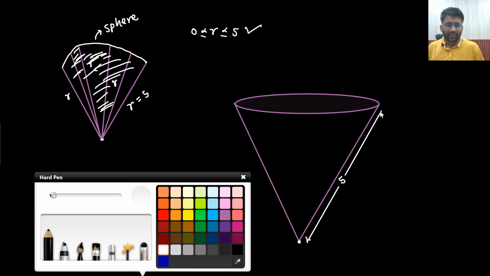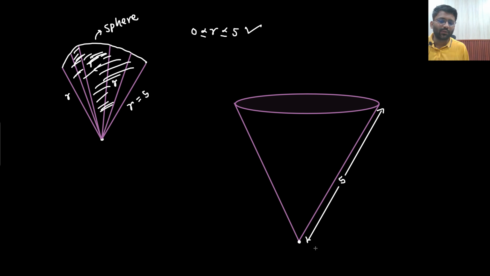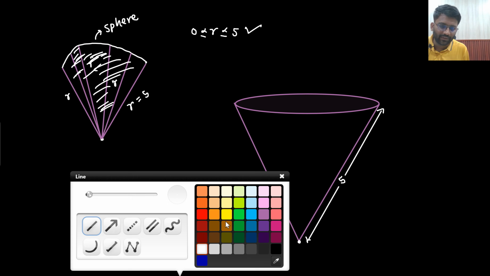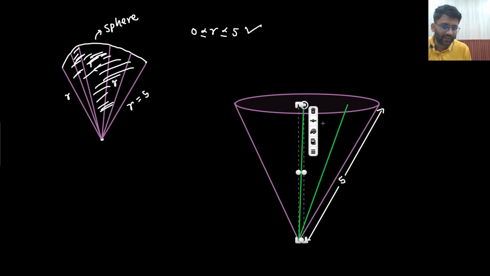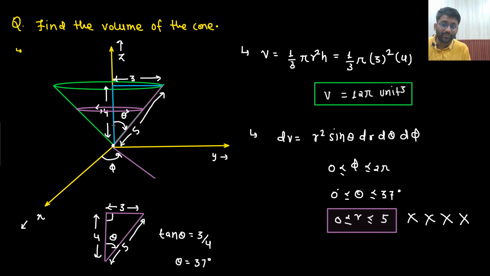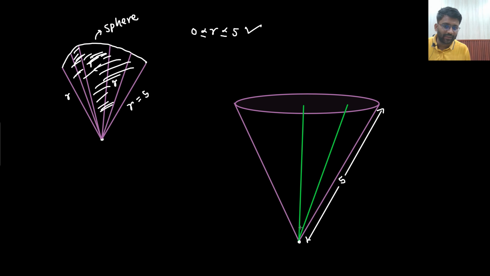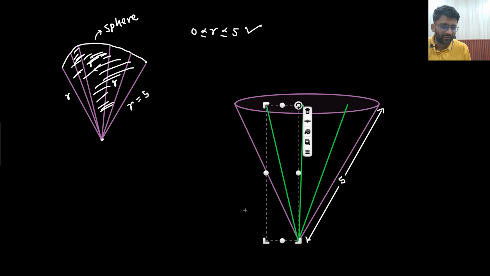But is the radial distance from the origin always 5? Is this distance also 5? I am asking, what is this distance? Absolutely not. It is lesser than 5. This distance became 3 only. You can see this distance became 4 only. Is it 5 also? No, it is not 5. Is this distance 5? No, it is also not 5.